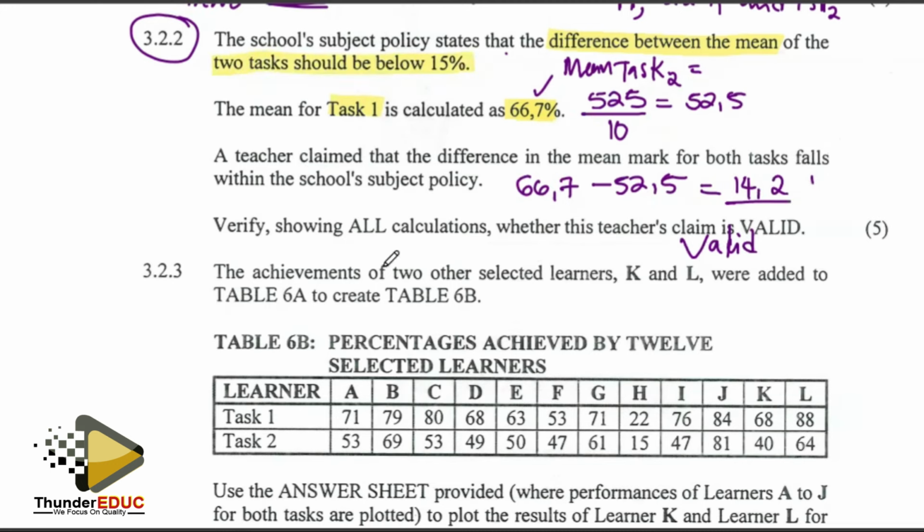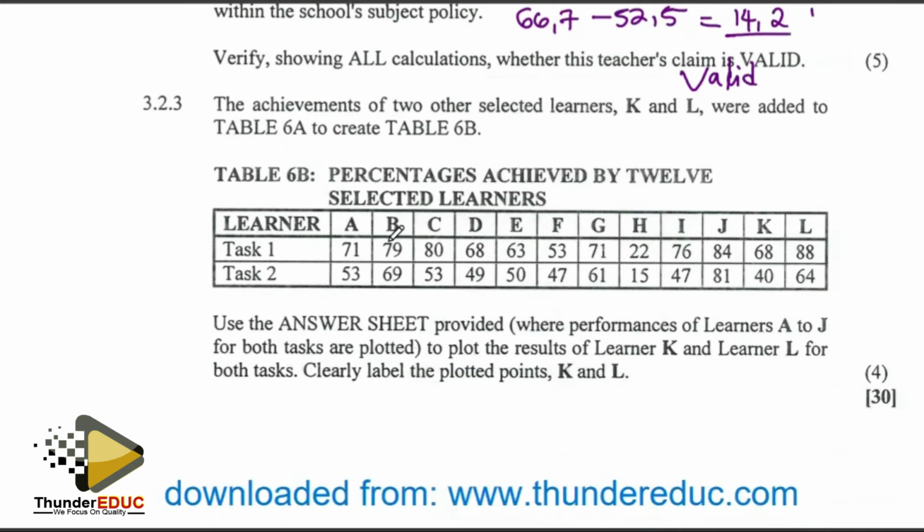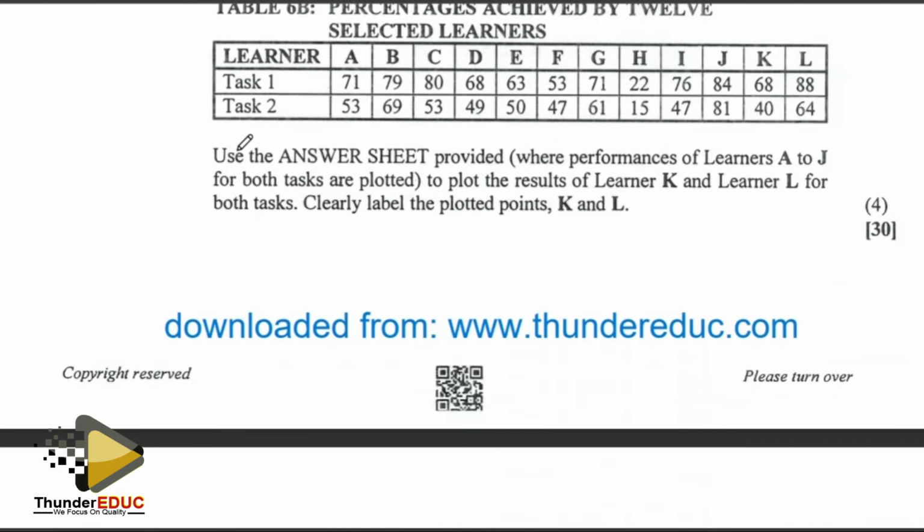Okay, 3.2.3. The achievements of the two other selected learners, K and L, were added to table 6A to create table 6B. Use the answer sheet provided where the performance of learners A to J for both tasks is plotted.